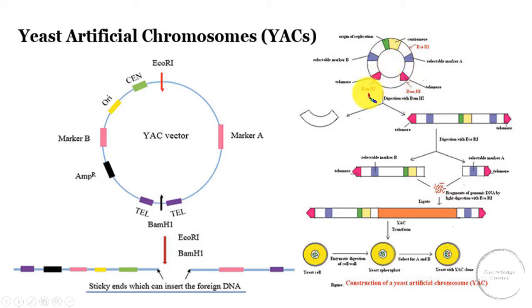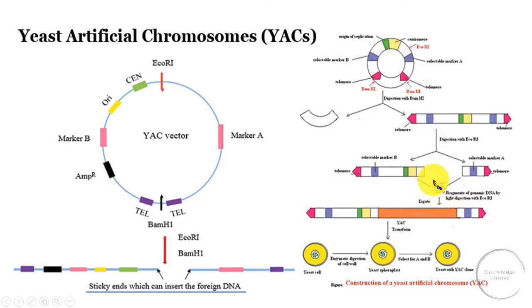So it will make a linear segment. It's shown here, and here the EcoRI site is our real insertion site. So to open that insertion site, we need to digest with EcoRI, which cuts those segments and opens up for insertion.